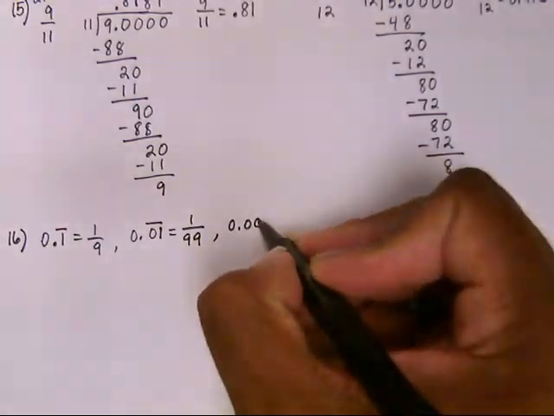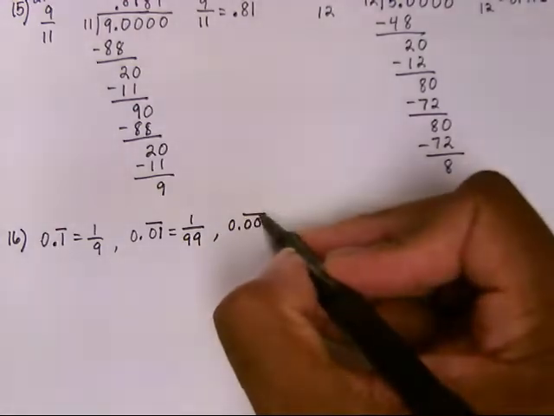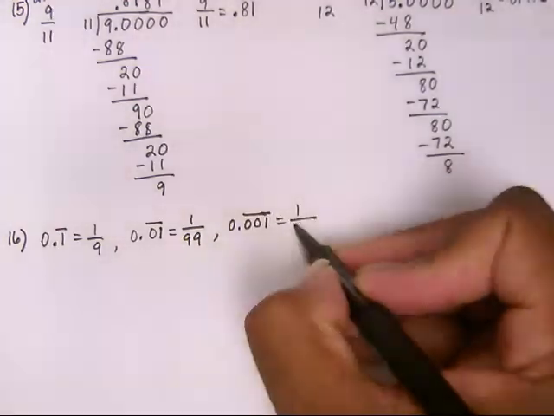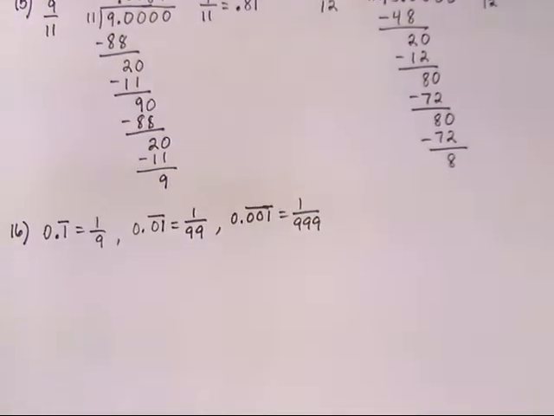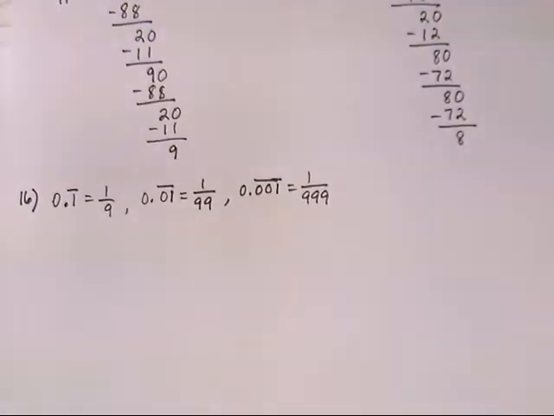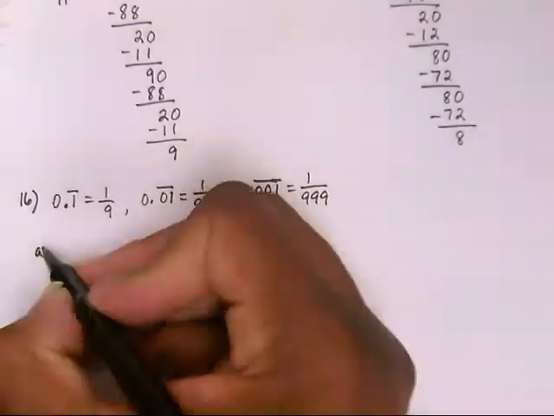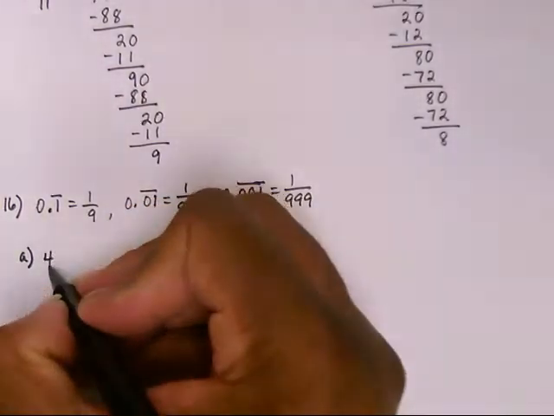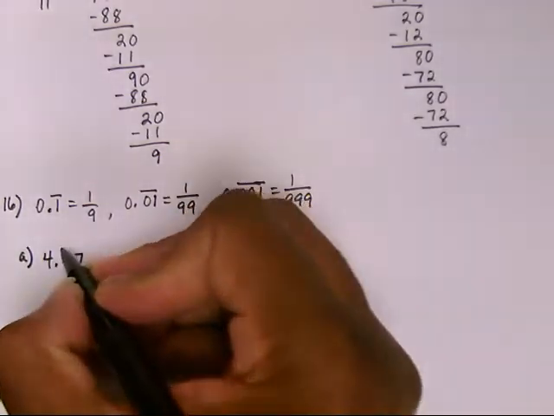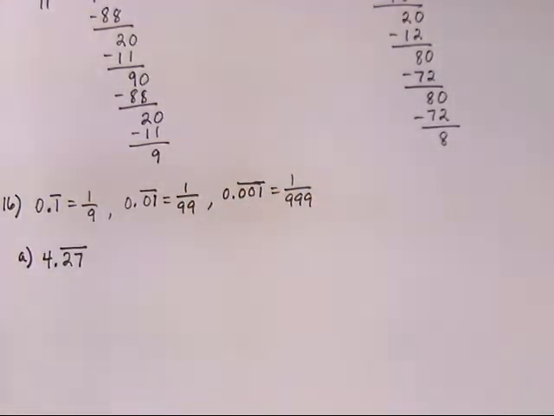And 0.001 with a bar over those 3 digits, that's 1 over 999. We're going to use that fact to help us come up with a fraction for that number. Like in part A, you have 4.27. The 2 and the 7 repeat.